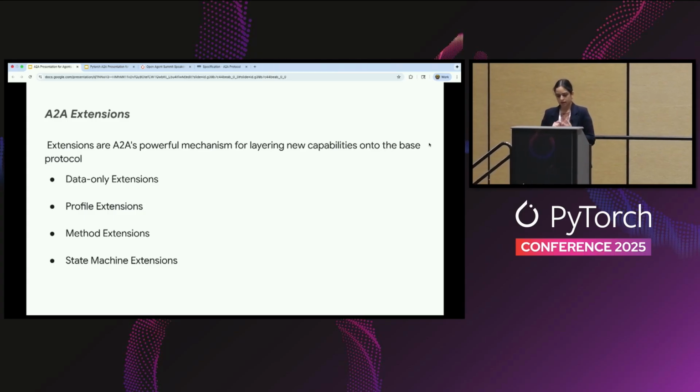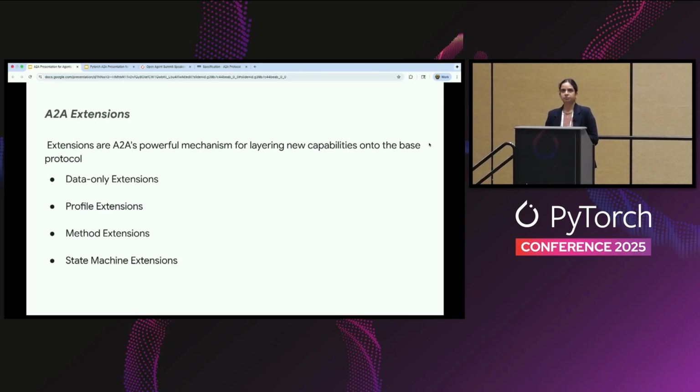The second extension is profile extensions. So let's say you want to add additional structure or constraints on the request response flow, then you can use profile extensions. Let me give you an example. In the example of messages, if you want to constrain the messages to follow only a specific format, you can specify that through profile extensions.